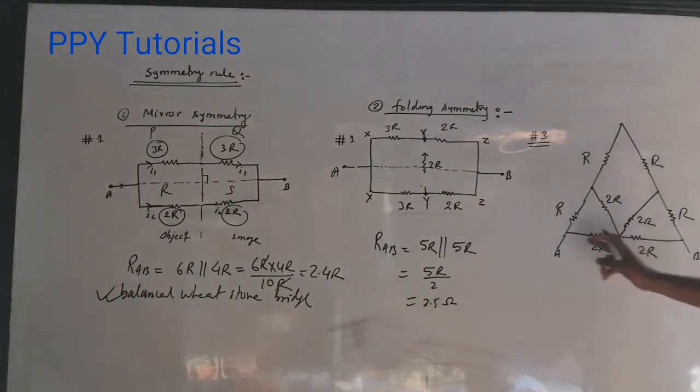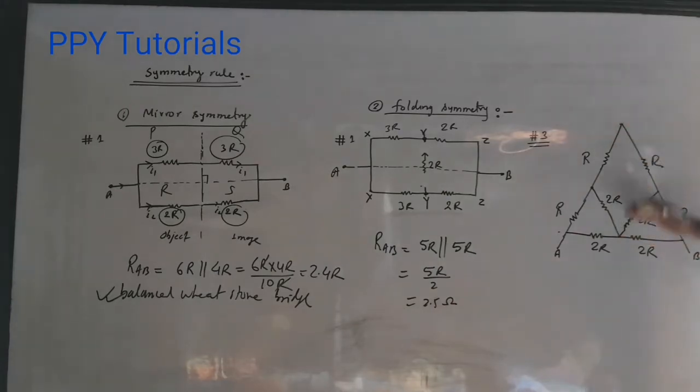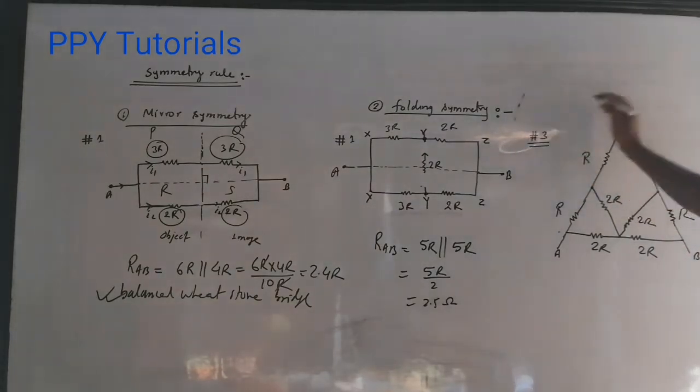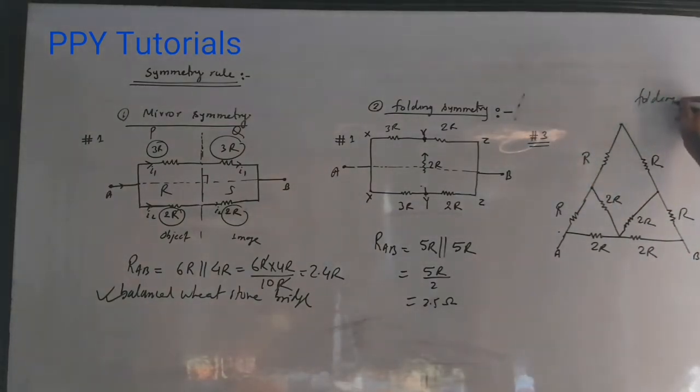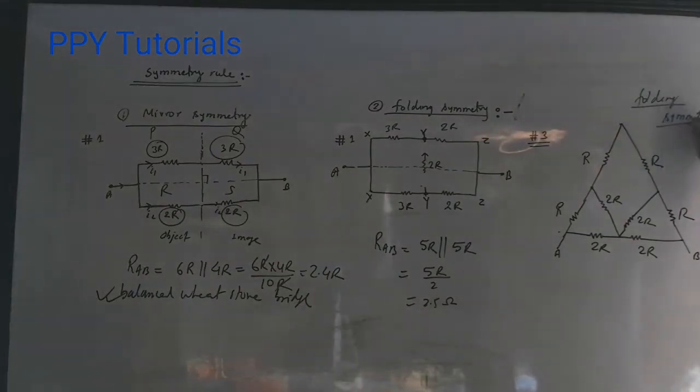A and B is here, and if I take this as the mirror line, then we will not find up and down same. So this is not the case of folding symmetry. Folding symmetry is not there. Understood what I told you?